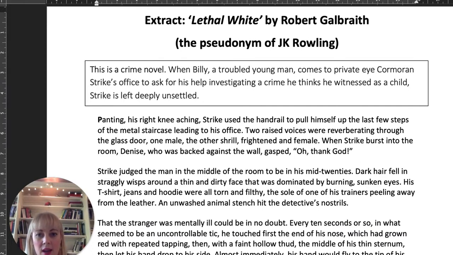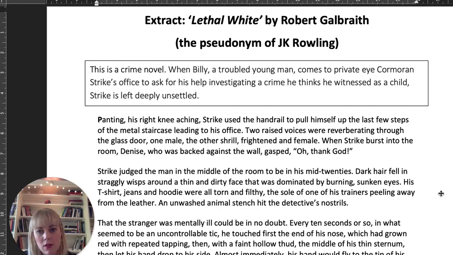Panting, his right knee aching, Strike used the handrail to pull himself up the last few steps of the metal staircase leading to his office. Two raised voices were reverberating through the glass door, one male, the other shrill, frightened and female. When Strike burst into the room, Denise, who was backed against the wall, gasped, "Oh, thank God!"